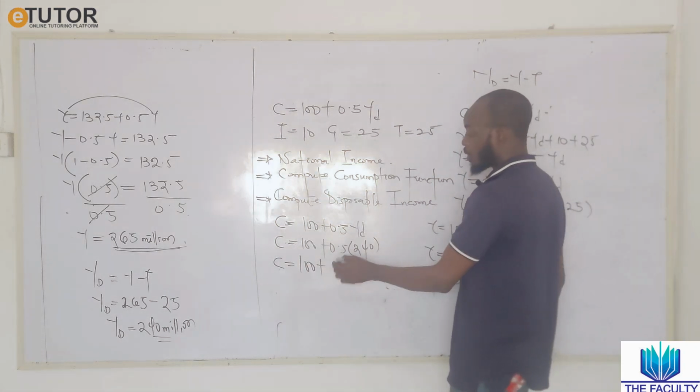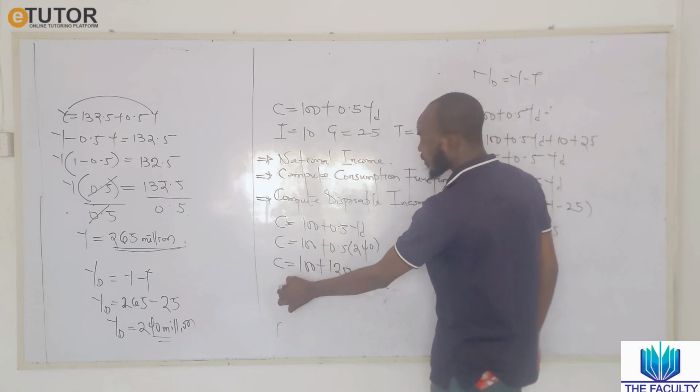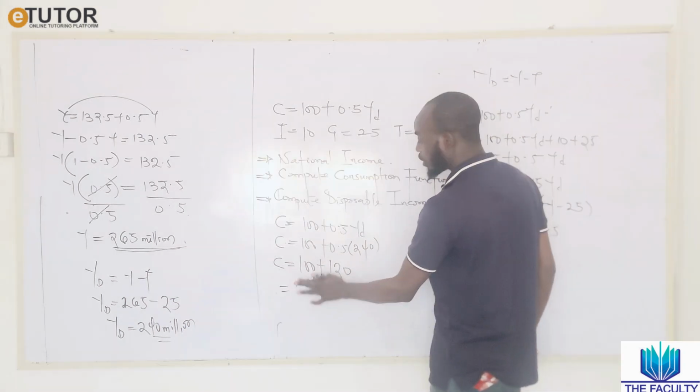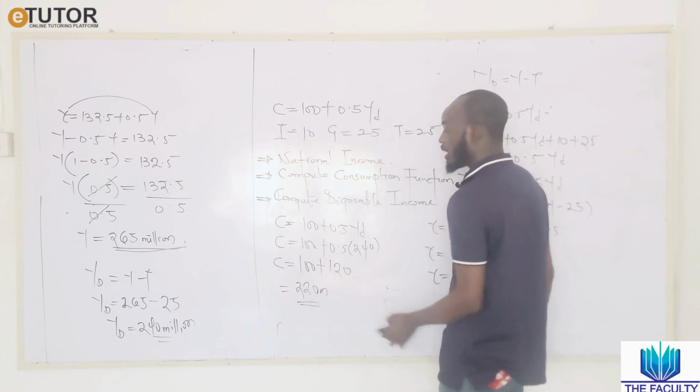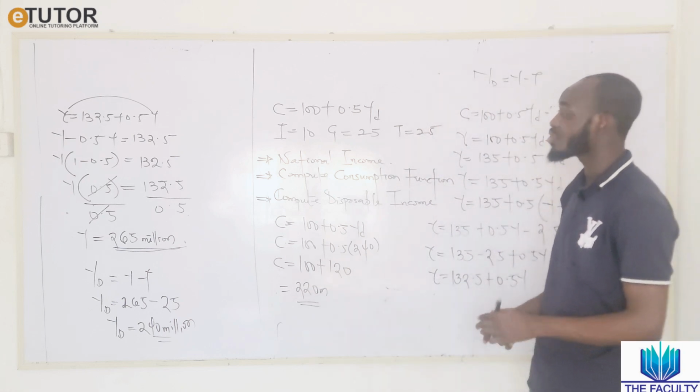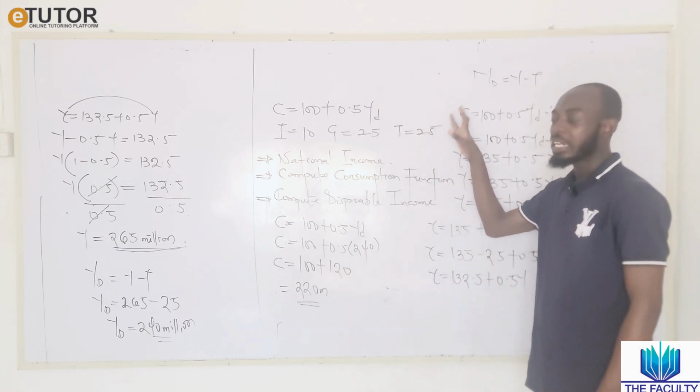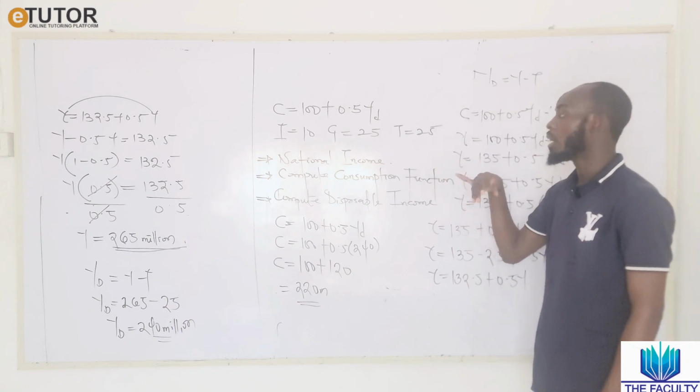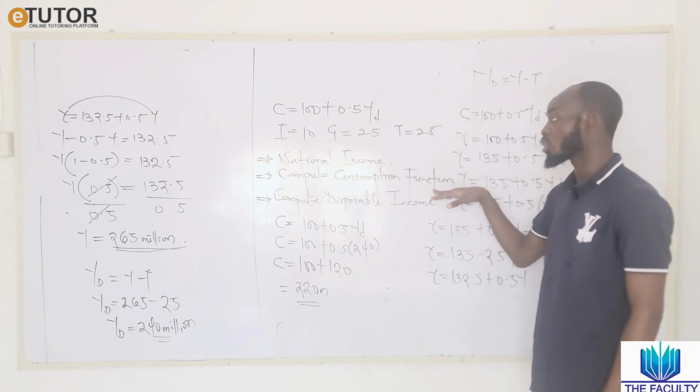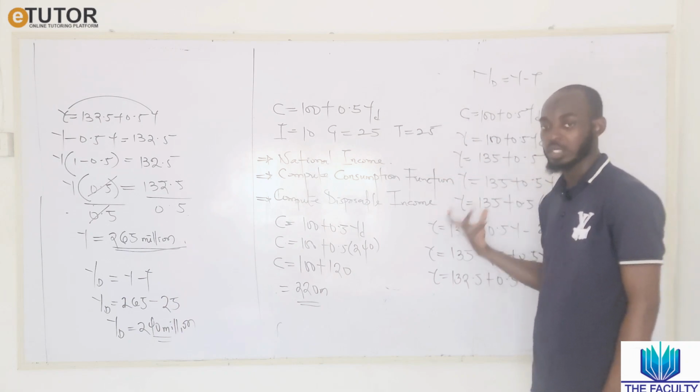We have 120, so C is 100 plus 120, which gives us 220 million. In this case, we used the expenditure approach to find our national income, the consumption function, and also the disposable income.